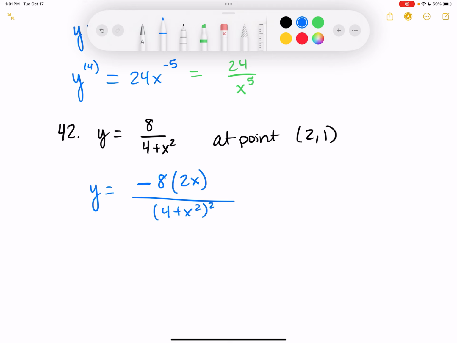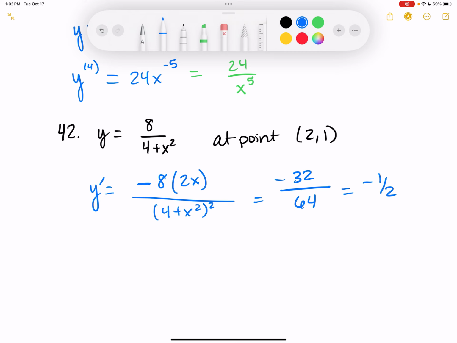And so again, at this point, I can just plug in 2. That would give me, let's see, 4 times negative 8 would be negative 32 over 2 squared is 4 plus 4 is 8 squared is 64, which is negative 1/2.